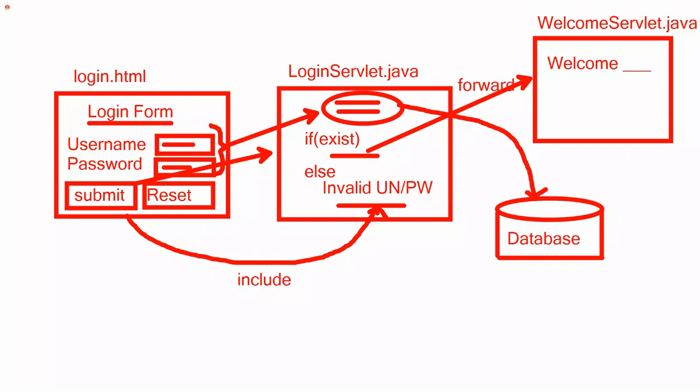So in real time, until you enter the right username and password, it will display the same page again and again. We can display like that. So else, invalid username or password is displayed in red color, and the same HTML page is displayed again. Until you enter a valid username and password, this message only repeats. Now this concept I'll teach. Try this one.